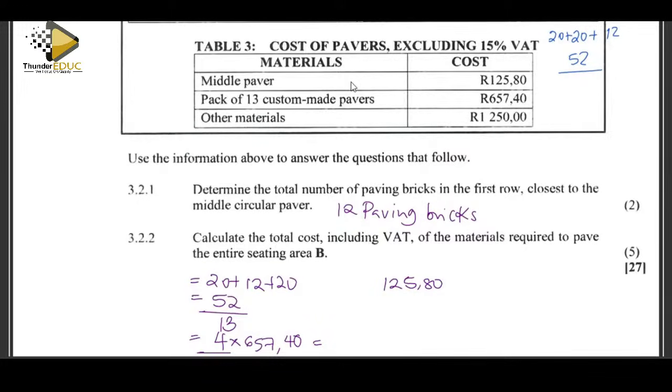We need to add it, and then the other material. So simply meaning we shall need to add. So when you add, what do you get? We have that much.